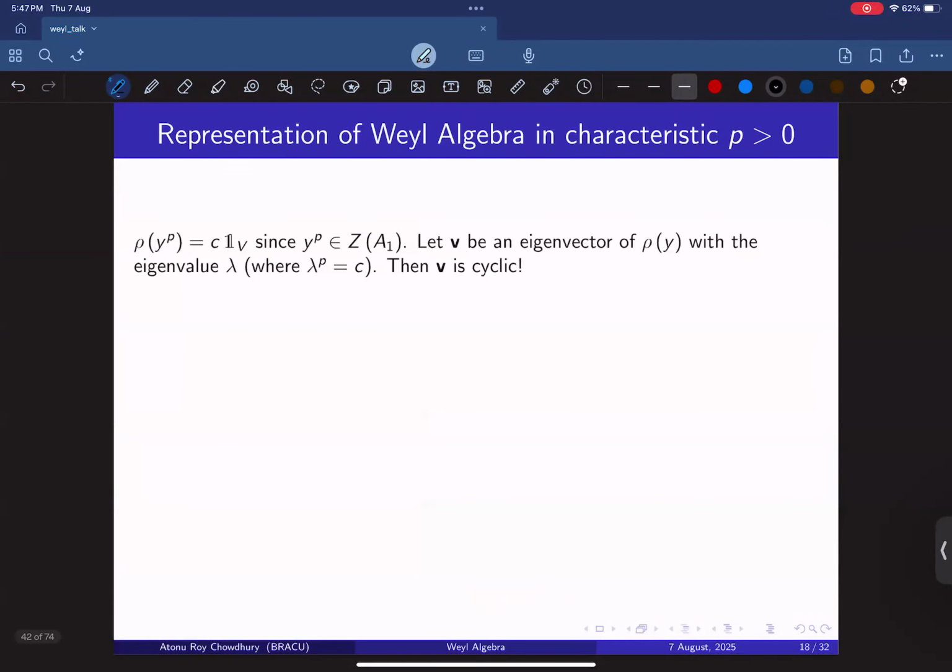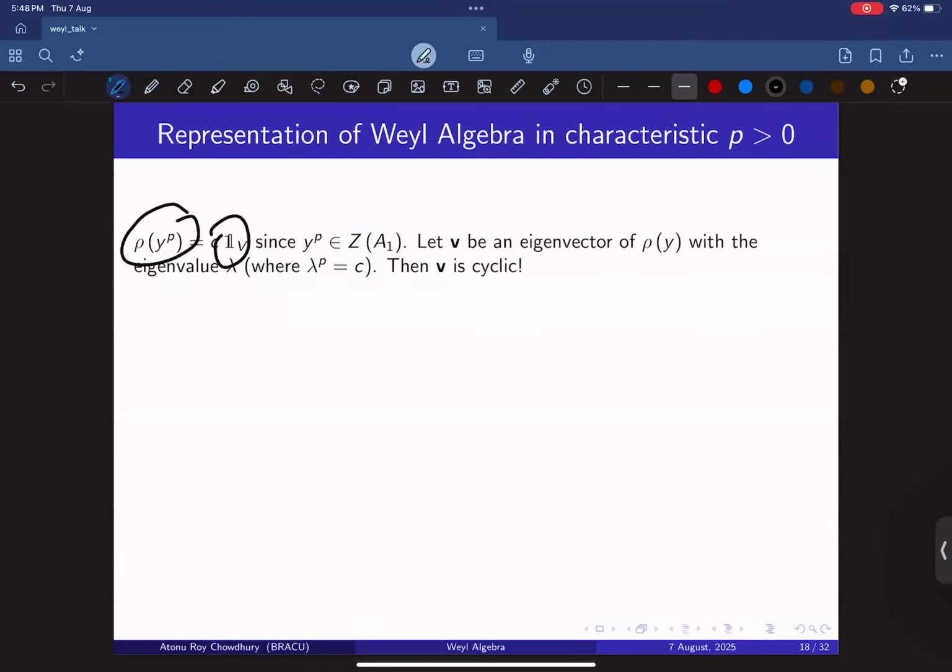Now we are going to look at the eigenvectors of the operator rho of y to the power p. As we know, y to the power p commutes with everything, right? That means y to the power p is in the center. Since it's in the center, its representation is going to be a constant times identity, right?